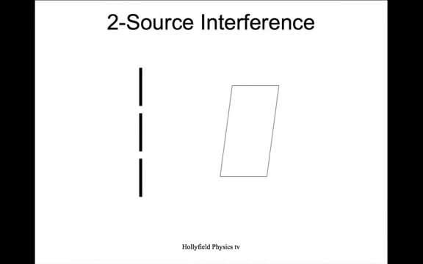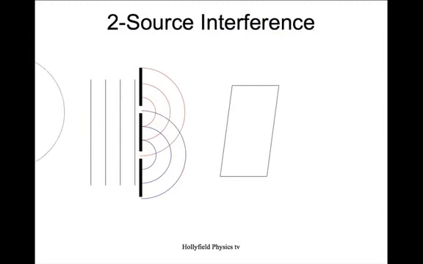We can put all these ideas together and look at the two source interference pattern. A bunch of plane waves coming up to two gaps. Because the gap is smaller than the wavelength, we're going to get circular wavefronts at the other side of the gap. As you can see.